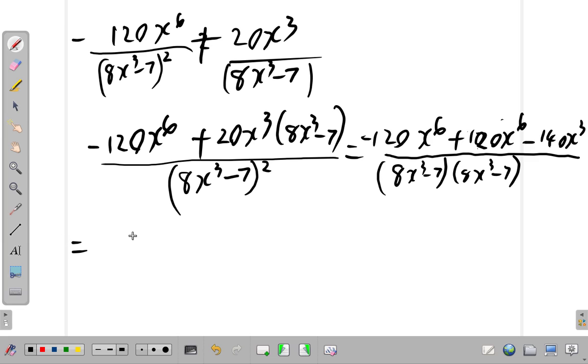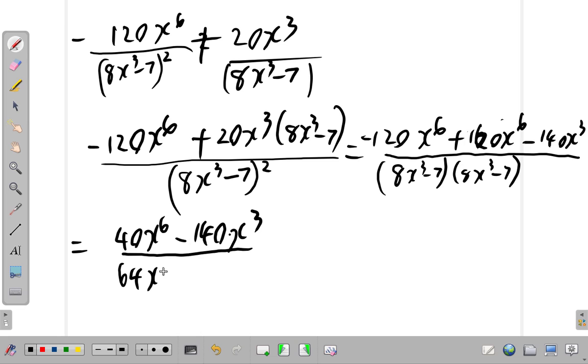Then what we'll get after that, we have negative 120x to the 6 plus 160x to the 6, so it will be 40x to the 6 minus 140x cubed all over. Multiply these: 8 times 8 is 64x to the 6, 8 times 7 is 56, minus 56x cubed minus 56x cubed.